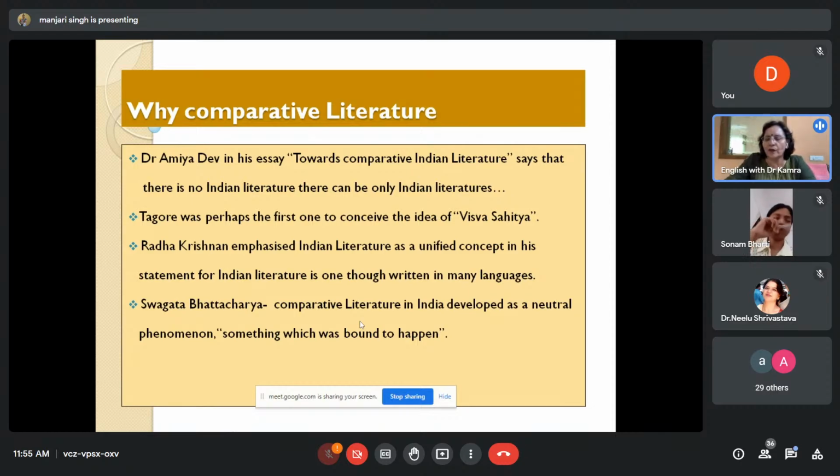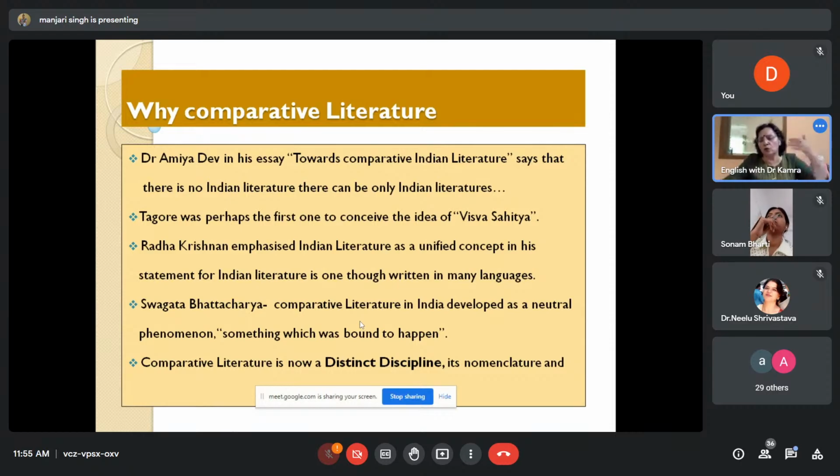India is immensely blessed with three essential components of comparative literature. The first is influence. Here the source, the origin, or the producer has to be there.